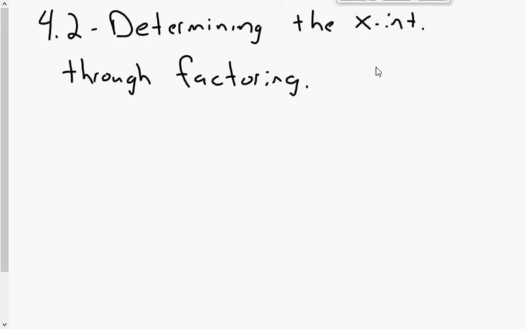Is the belt there? All right, so if we factor these, and remember the x-intercepts, this is when y equals 0, right? So you make y equal to 0, and then solve for x. There's a few different ways to do this with factoring.